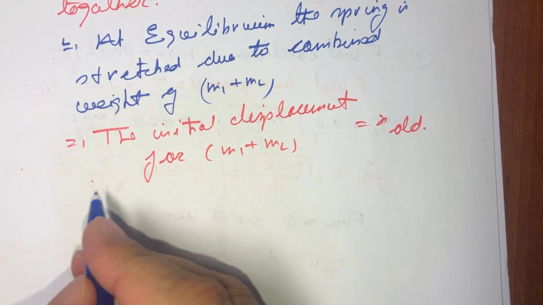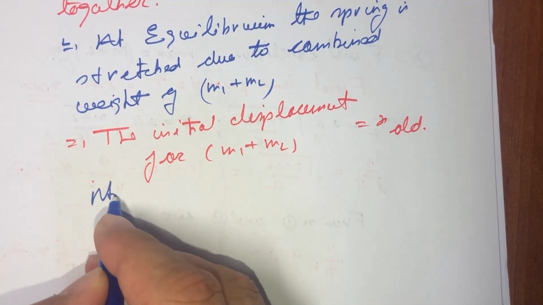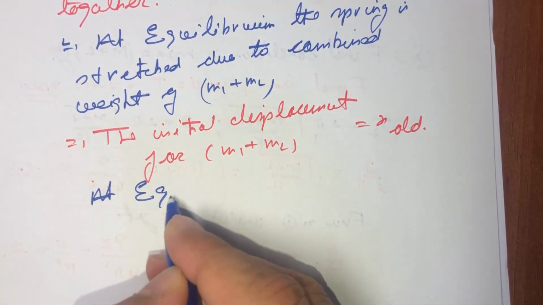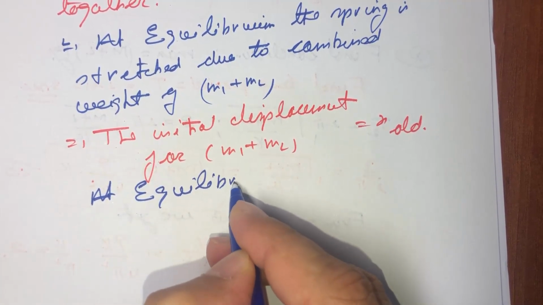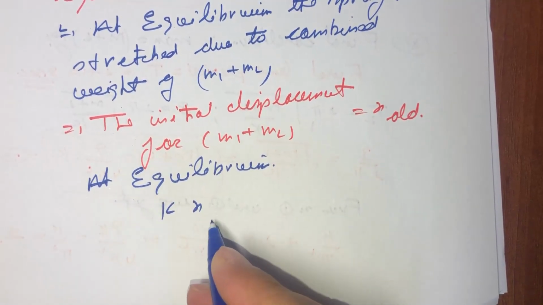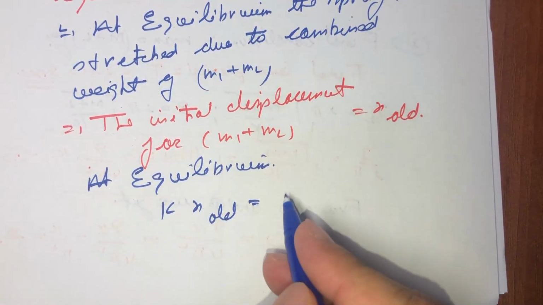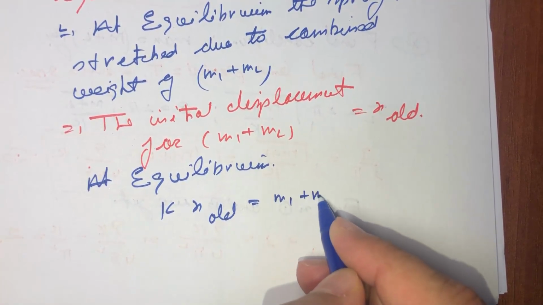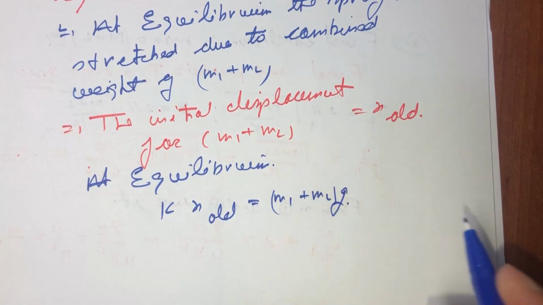So at equilibrium, k multiplied by x old equals m1 plus m2 multiplied by g.